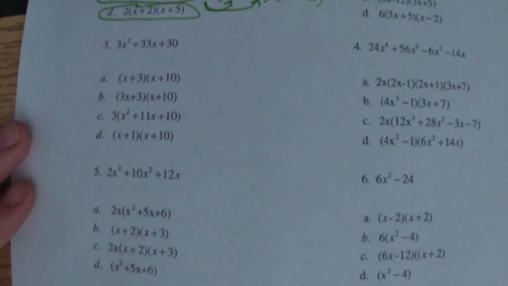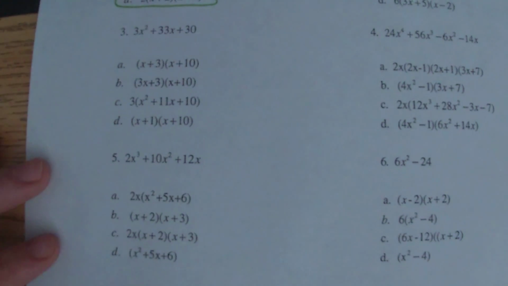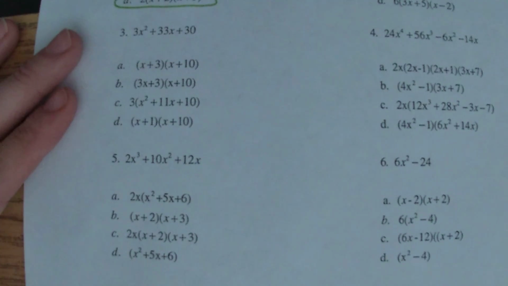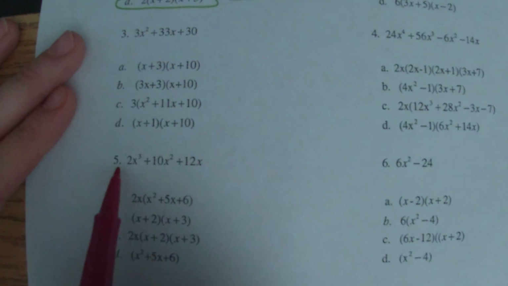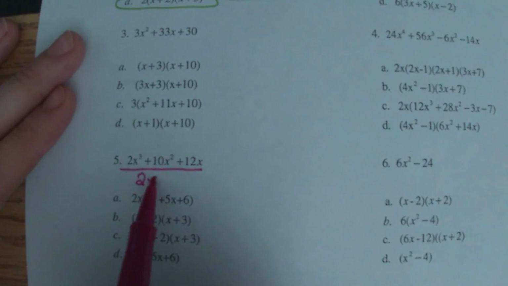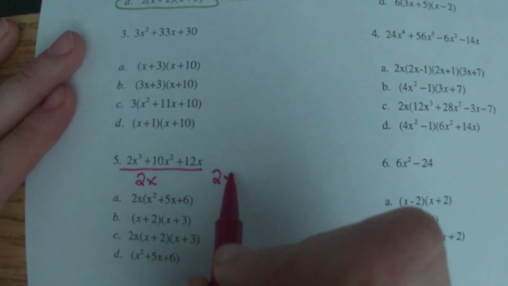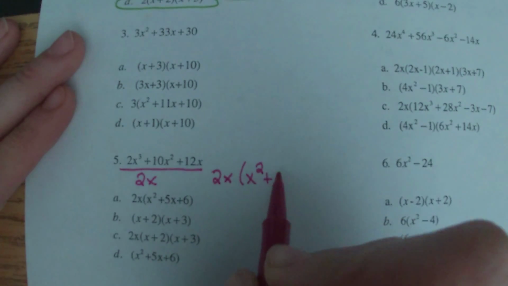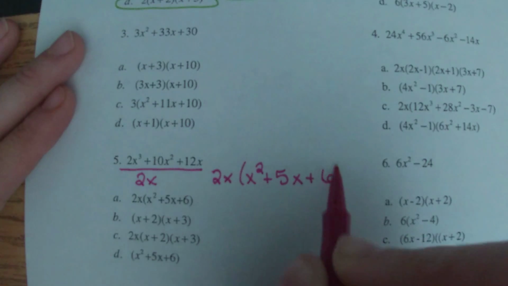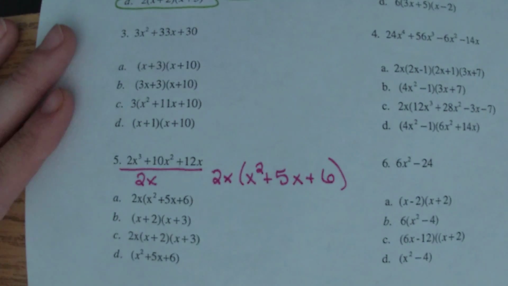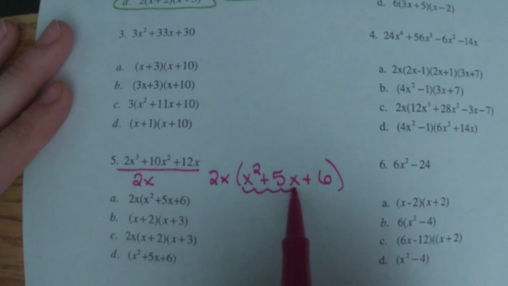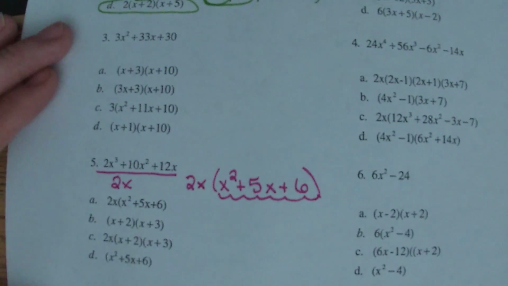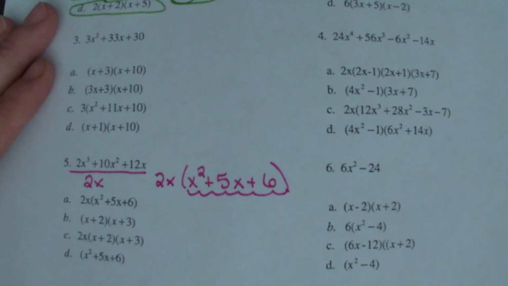Let's jump down and look at number 5. Okay, so number 5, if we look at that, we're gonna factor out a GCF first. So this has a GCF of 2x. Okay, then we'll look in the parentheses. 3 terms, so we'll see if we can do this as a trinomial.